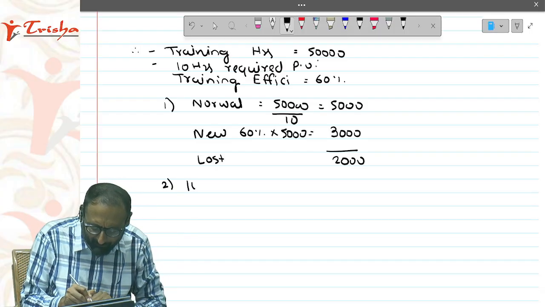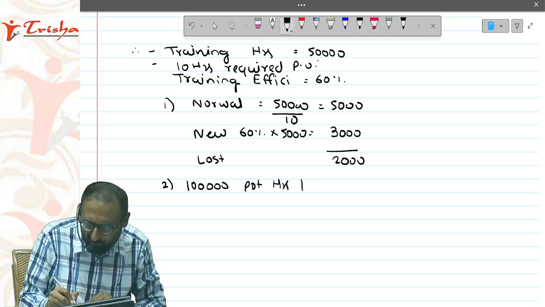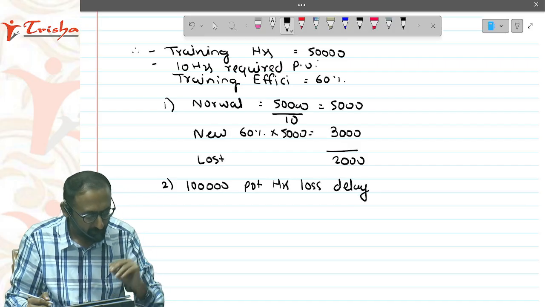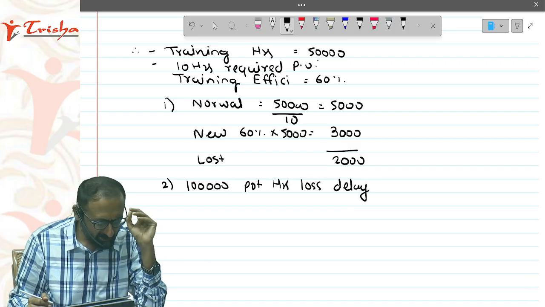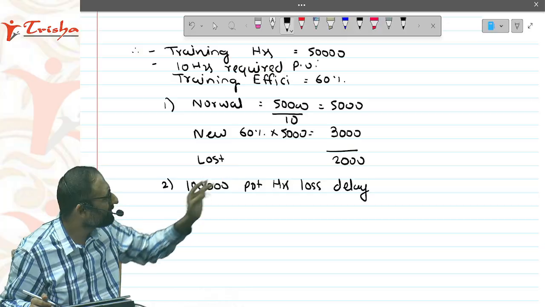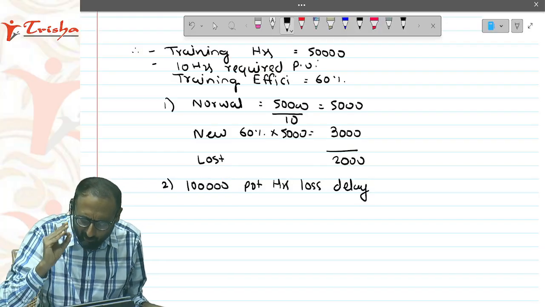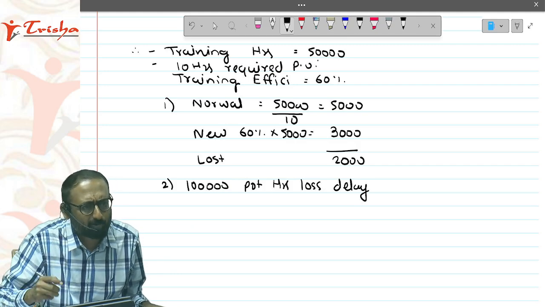Next information, Sirji. 1 lakh potential hours lost due to delay in filling of the vacancies. Now tell me, because of this delay, how many units less were produced by you?